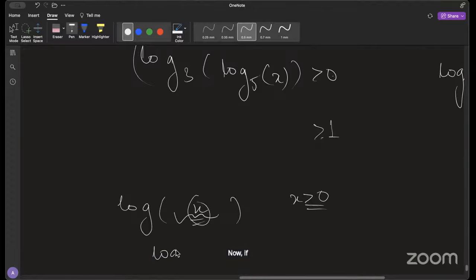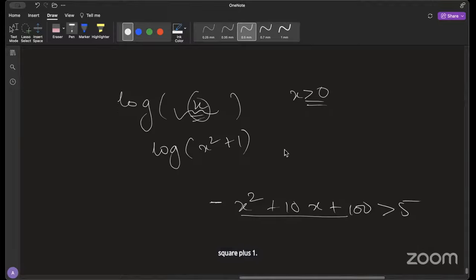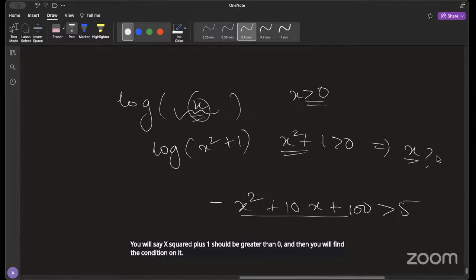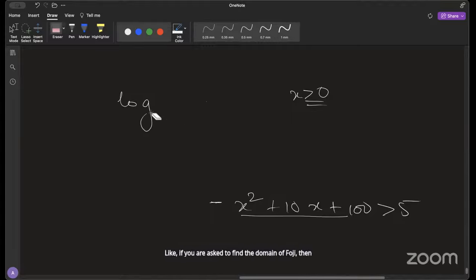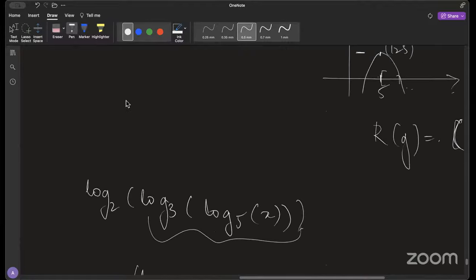Now, if you have log of x square plus 1, the condition on x changes, right? You say x square plus 1 should be greater than 0, and then you will find the condition on x. Okay, by this same logic, I understood, but if we are asked to find the domain of f∘g, then what would that be?